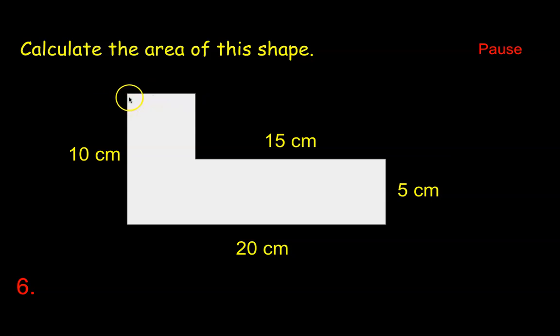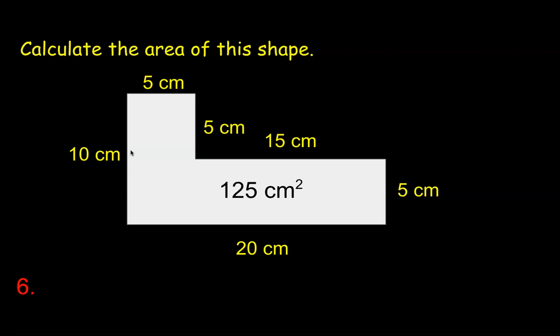If that's 10 from there to there, and that's 5 from there to there, so that means it's 5 from there to there, that must also be 5. If that's 20 from there to there, it must be 20 from there to there too. And if that's 15, that must be 5. So we know that both of those sides there that we couldn't see are 5.